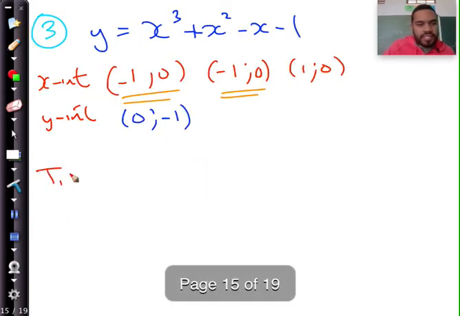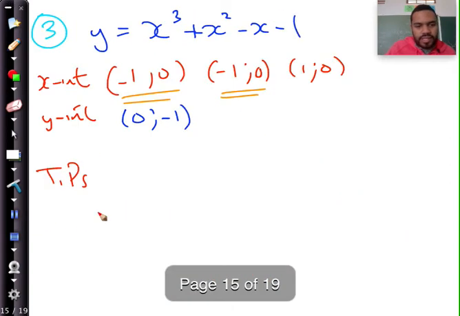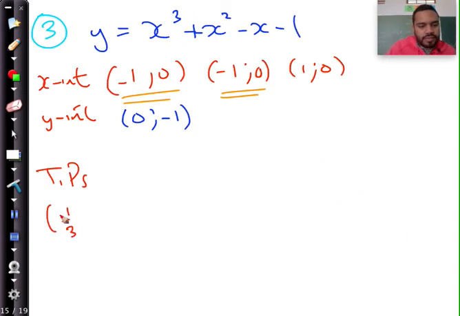So now we use that. The turning points here, guys, that's going to be 1/3, negative 1.19. Let's just use violet again so we can color code this. And the other turning point was minus 1 and 0.